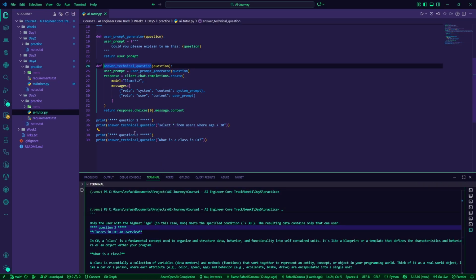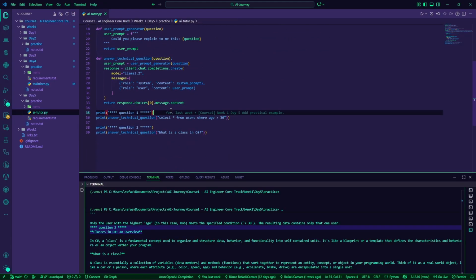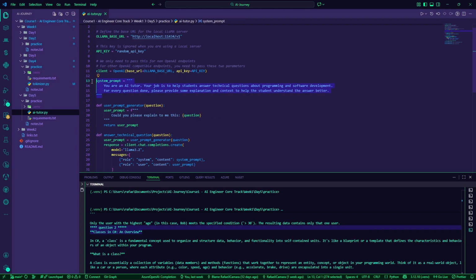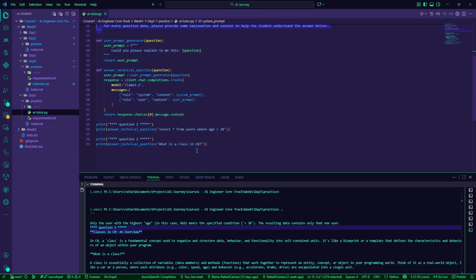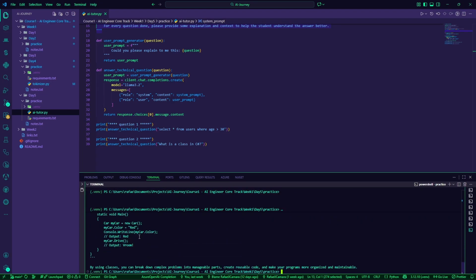This will call this answer technical question. It will generate a user prompt with this, what is a C# class, and the user prompt will be just, can you explain to me this, and in this case what's a C# class. And then we call the LLM with the system prompt that we previously stated here, and then it provides you a nice explanation of what it is.